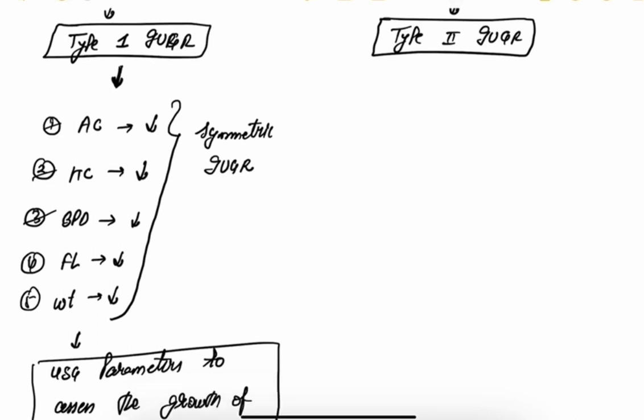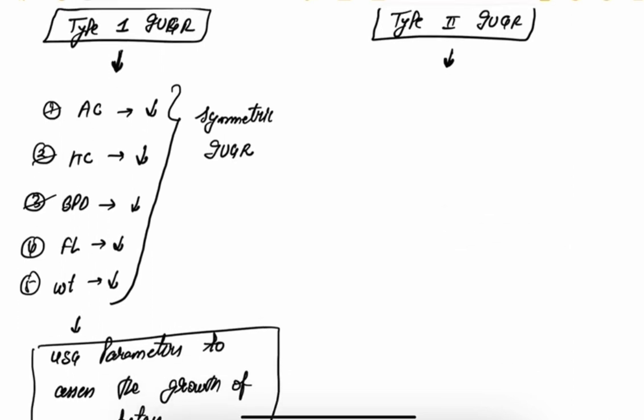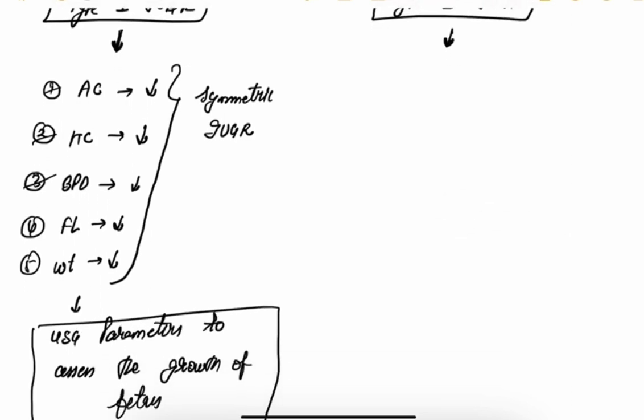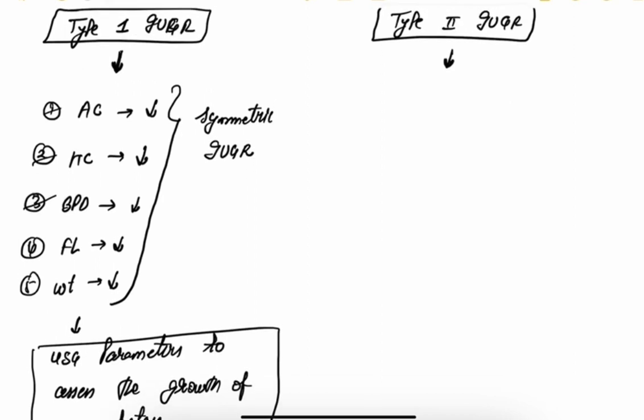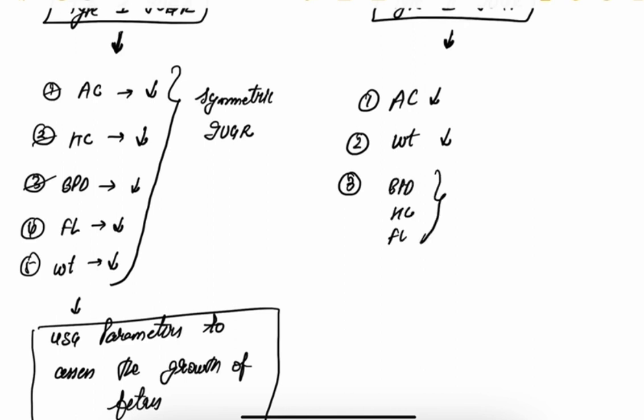But in case of type 2 IUGR, as we already studied, the insult occurs late in fetal life. So all the USG parameters are not affected symmetrically. Only abdominal circumference decreases and weight of the baby decreases, but other parameters like BPD, head circumference and femur length are normal.